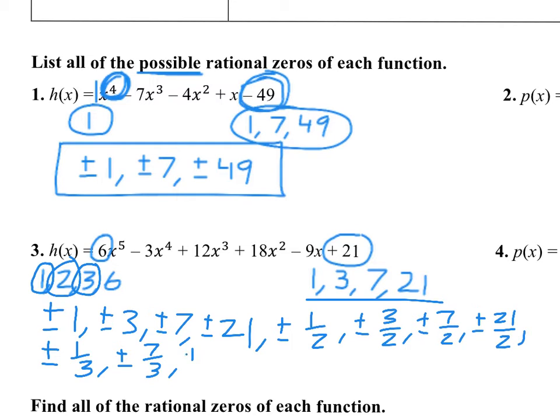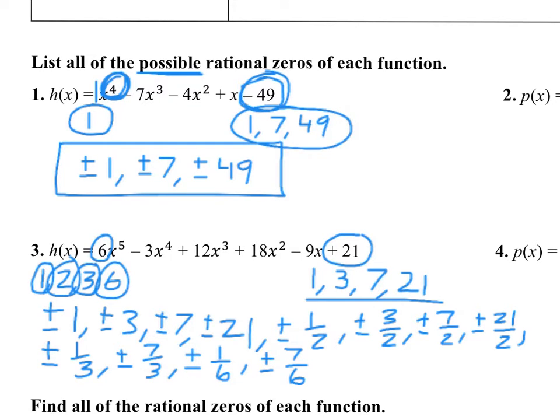And now I need to divide by 6. Plus or minus 1/6. Plus or minus, we don't need 3 over 6 because that's 1/2 and we already have that. So next is 7 over 6. And then 21 over 6 reduces to 7 over 2. So that's it.